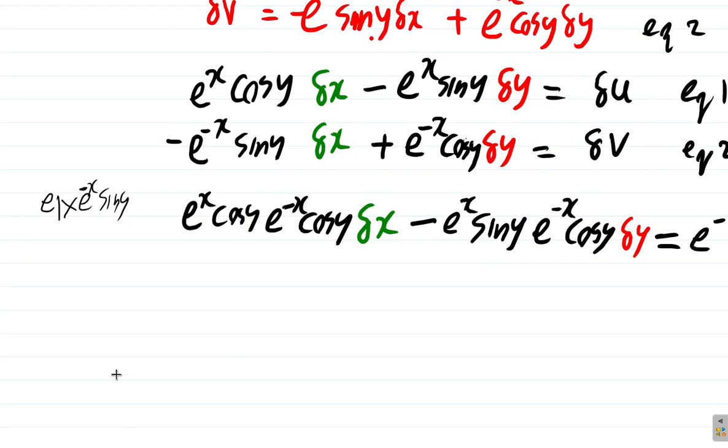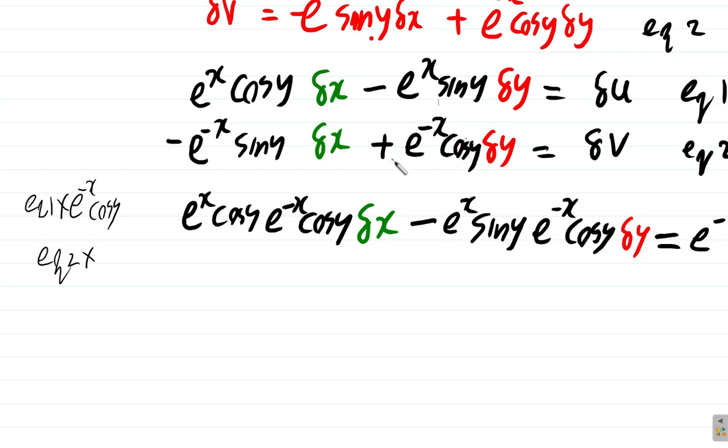Now equation 2. Hold on, what did we say equation 1 was multiplied by again? Equation 1 was multiplied by e to the negative x cos y, right?